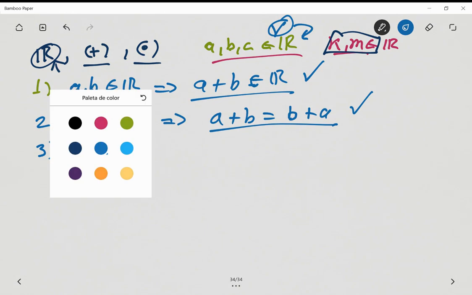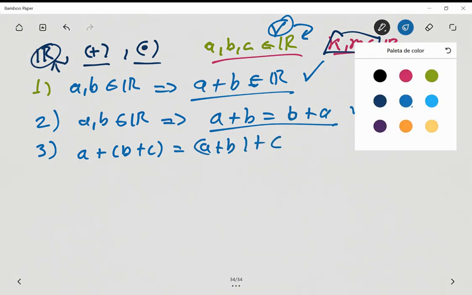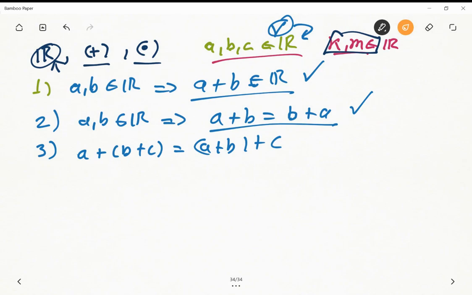Again, given a, b, and c in the vector space, in this case R, we need to check that (a plus b) plus c is equal to a plus (b plus c). But we know that associativity holds on the reals, so this is also true, checked.